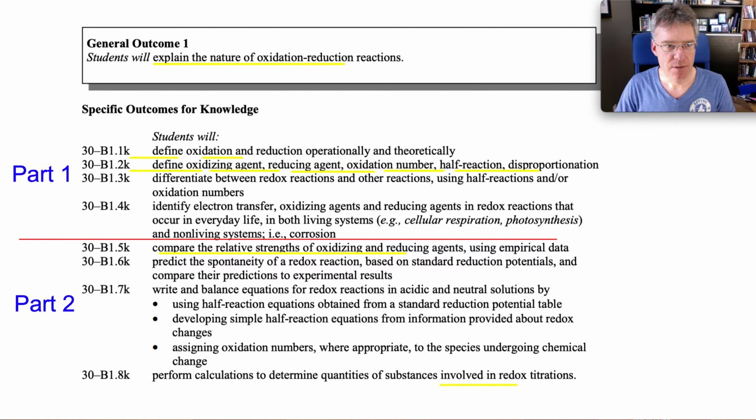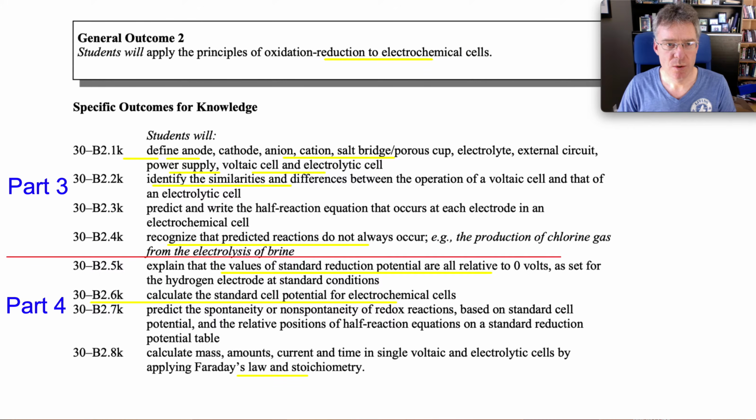The second part of the redox unit, or general outcome 2, is applying your knowledge to electrochemical cells, be it voltaic cells or electrolytic cells. Again, I'll break this into 2 separate videos. Part 3 is on intro terms like anode, cathode, and salt bridge, and part 4 is more on the cell potential, which we would more commonly call voltage in everyday language, but electric cell potential is the technical term.